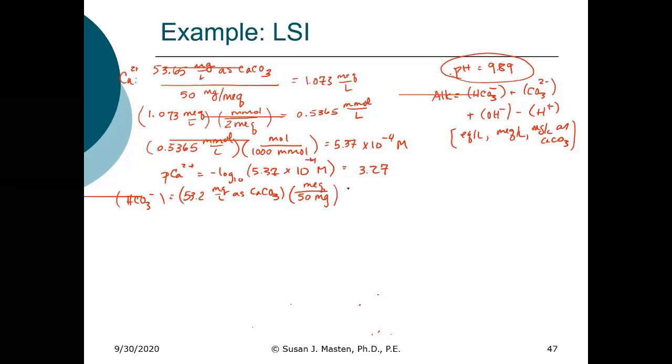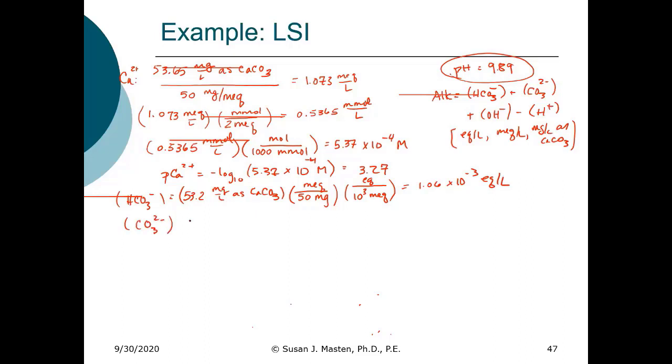I'll do the conversions all at once. And then we have 10 to the 3 milliequivalents per equivalent, because we need the answer now in equivalents per liter. So that is equal to 1.06 times 10 to the minus 3 equivalents per liter.